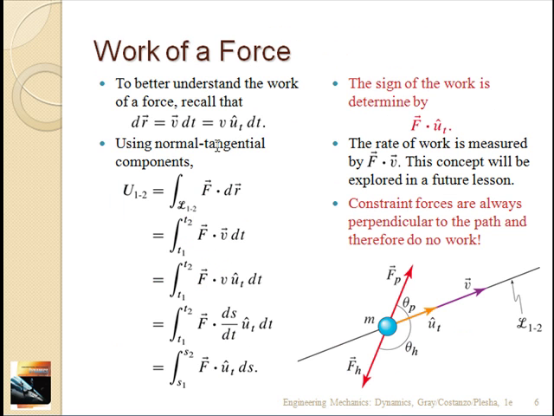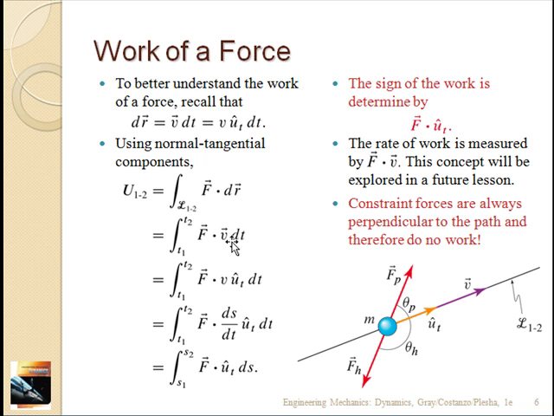Okay, so we can do a little more with this. If we have some force F, we can look at normal and tangential components. So U12 is F dot dr along the path, F dot v dt from t1 to t2.